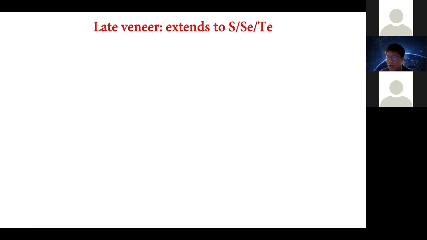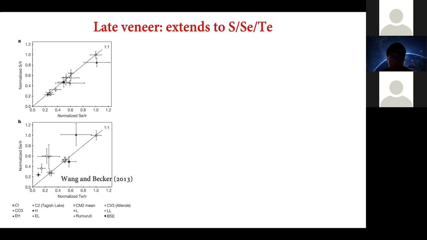So in 2013, Wang and Baker extended the effect of late veneer to the moderately volatile elements, sulfur, selenium, and tellurium. They assumed that they all went to the core during core formation and found that the mantle has similar ratios between these elements to CM chondrites.